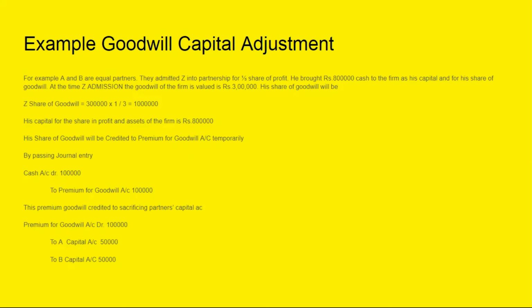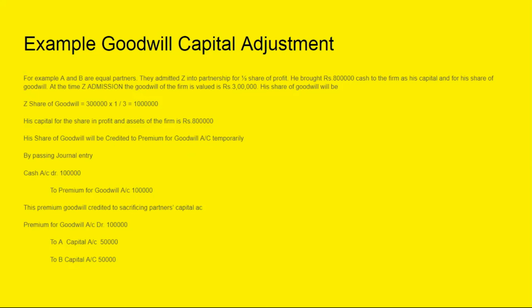In the form of crediting to their capital accounts, the premium for goodwill which he brought will be recorded. Now no goodwill will appear, but the goodwill amount he brought will be credited to the capital accounts of the sacrificing partners. Whatever goodwill they sacrifice will be compensated by crediting their capital accounts.